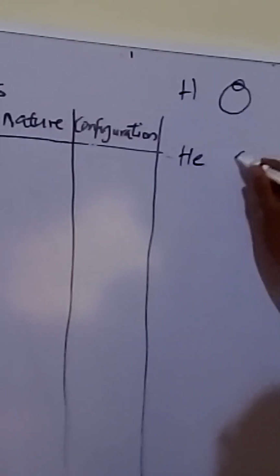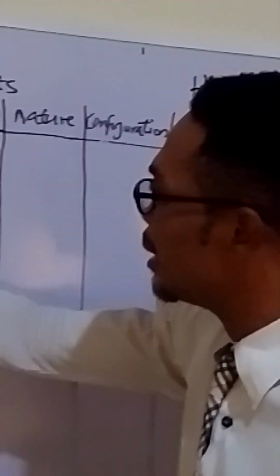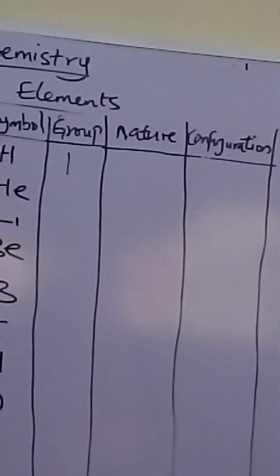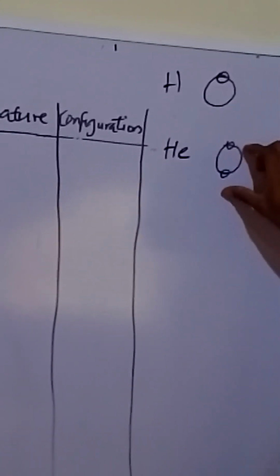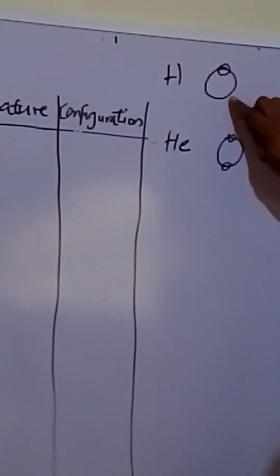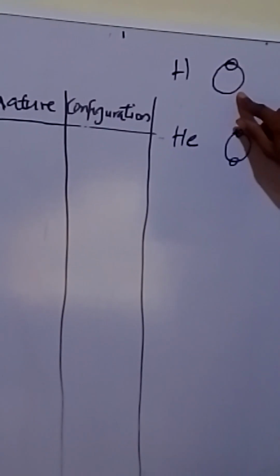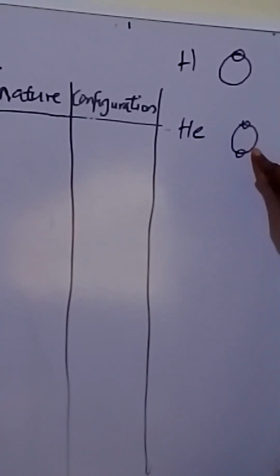Because the atomic number is 2, the first shell has been filled up with 2. For hydrogen, the first shell is not filled up because it has only 1. The atomic number is 1, meaning that it has only 1 electron. So this is helium now.